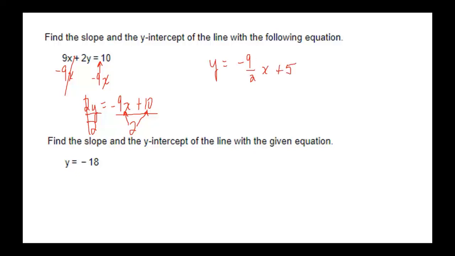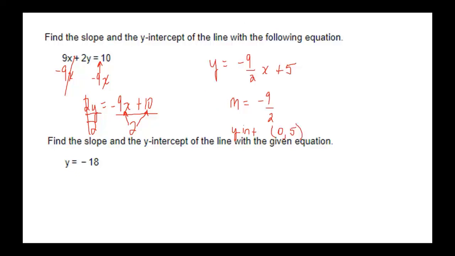You certainly could have put negative 4.5, but it doesn't help to do slope as a decimal, because this indicates very clearly that this line goes down 9 and over 2 every time it moves. So the slope is negative 9 over 2. And the y-intercept, they're going to want you to put as a point, is (0, 5).